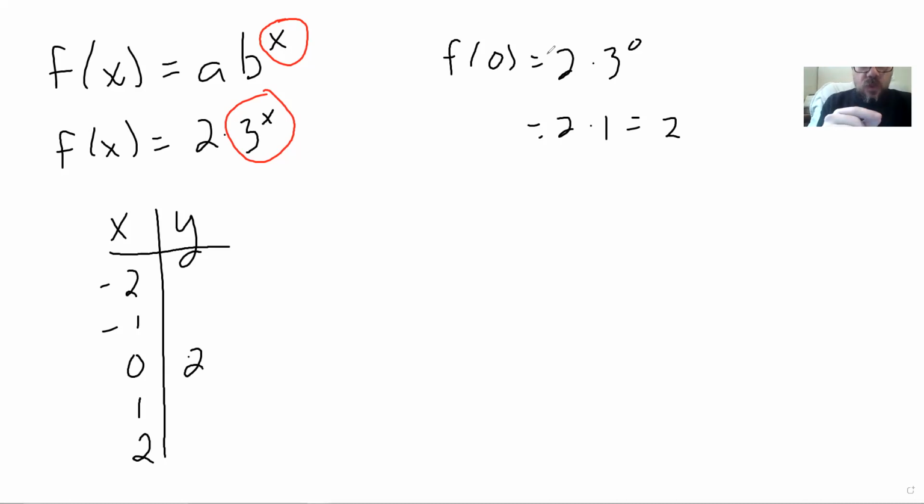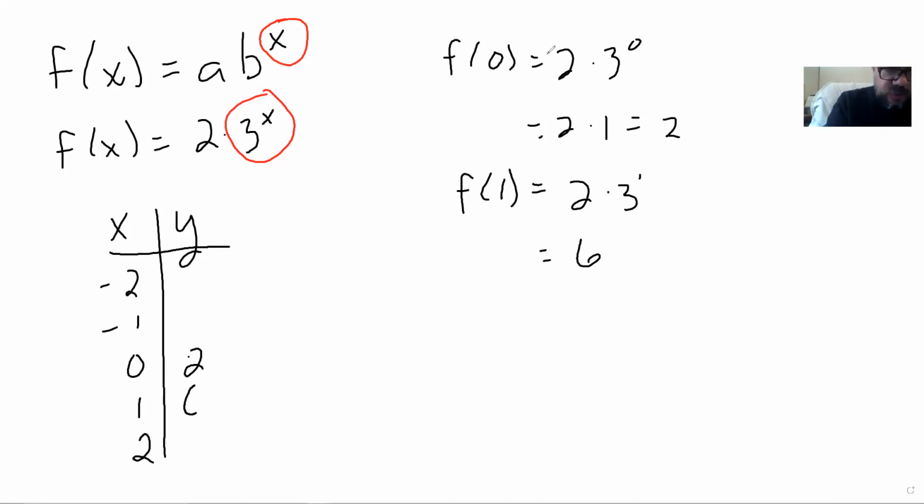Now, I want you to think back to the rules of exponents and the way we discussed exponents working. Whenever you increase the exponent by 1, you are multiplying by the base again. So f of 1 is going to be 2 times 3 to the 1, which is 2 times 3 or 6.